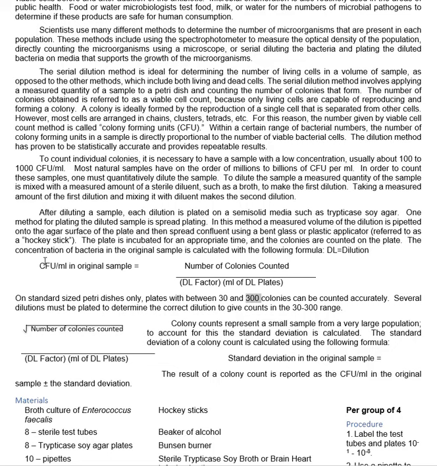Now, in order to calculate how many colony forming units per milliliter we have, this is our formula. And when I say colony forming units, remember that theoretically we say that each individual colony comes from a single bacteria.